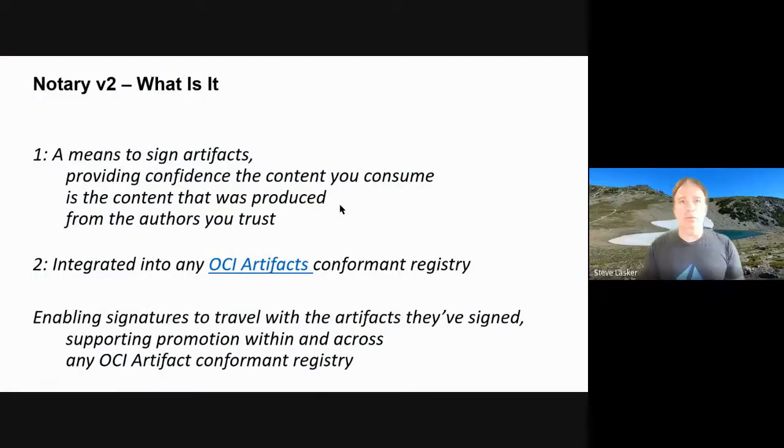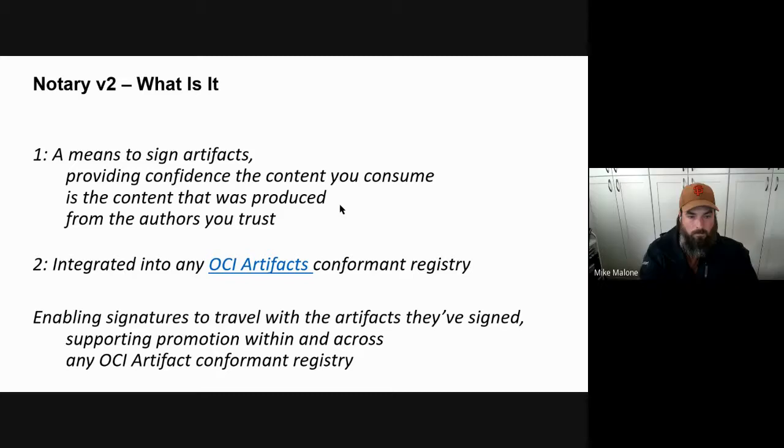If you were to sum it up, what is it? It really is a means to sign artifacts. And what I mean by artifact is we can put anything in a registry. All major clouds and registry projects also support artifacts now, where you can take this infrastructure with all the VNets and security and availability and all the IDs and store other content, including VMs, in it.